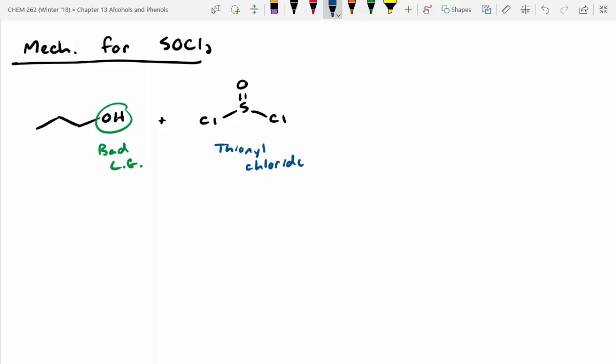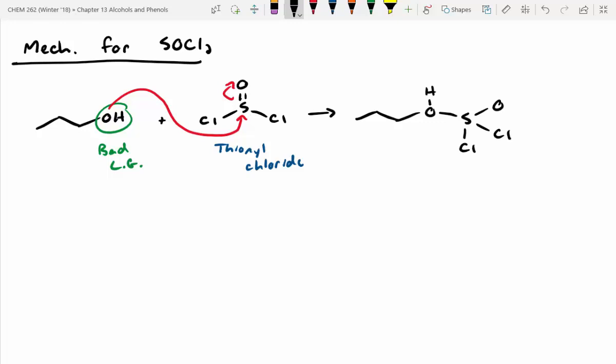So if it's a good electrophile, this oxygen can quickly attack that sulfur, kick up electrons onto the oxygen. You end up with an oxygen that has a negative charge coming off the sulfur, and then the oxygen that attacked now has a positive charge.